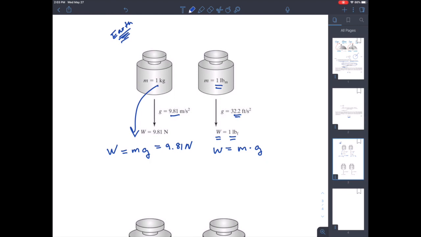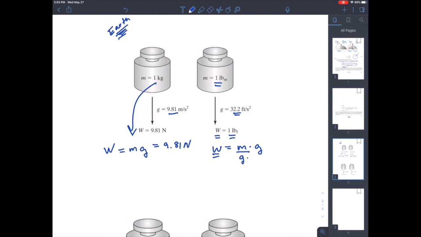And so Hagen offers up the fix. He says, if you're going to use pound mass, you have to modify this formula for gravity and weight. The modification is to first divide by gc, where gc is the gravitational constant of Earth, and that's part of the definition of pound mass.